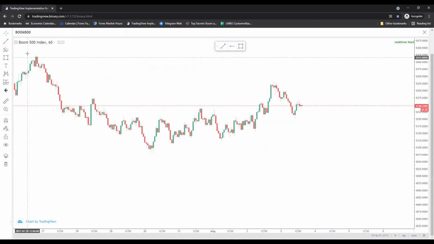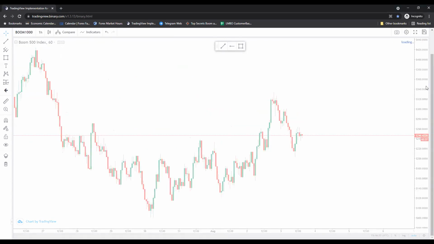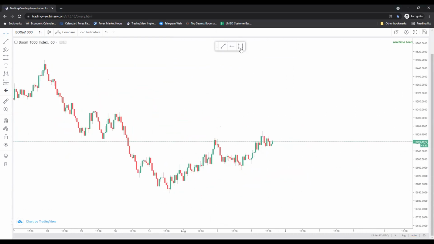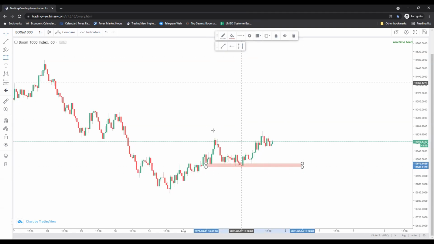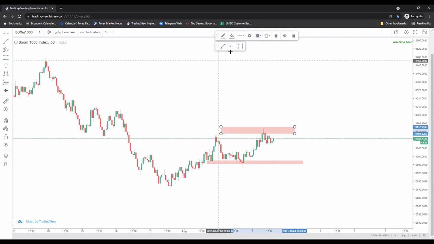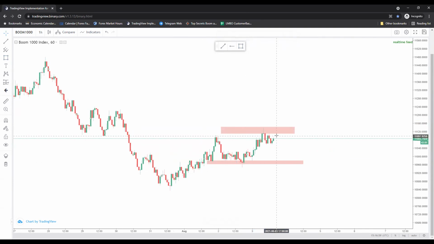See, what you need to do is, tomorrow's homework assignment is you open each and every chart. I'm opening the Boom 1000 chart on 1 hour. What you need to do is draw the zones, support and resistance zones, on the chart, bare minimum required, whatever you feel is right. And then you need to add trend lines and trend channels. For the 4 charts.